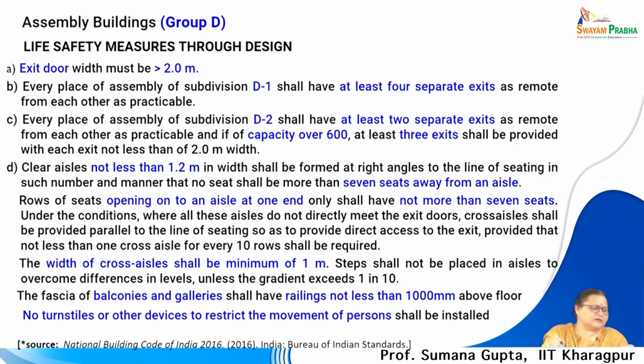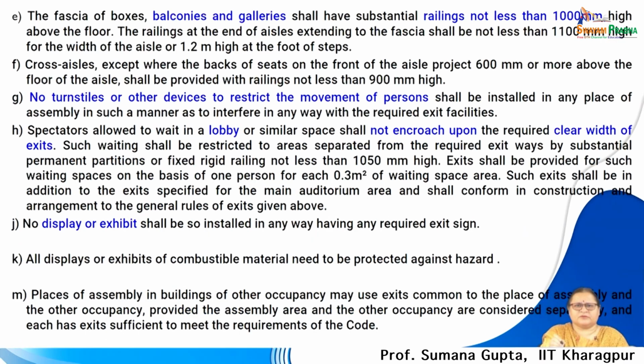Now, why are these made? You can see some more. If there is a balcony or a gallery within the auditorium to accommodate more number of people, because you had seen it is more than 1000, less than 1000.